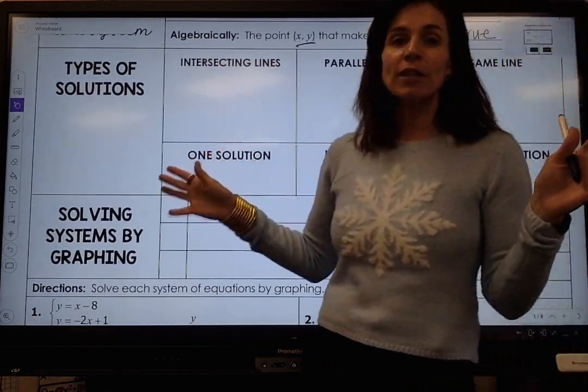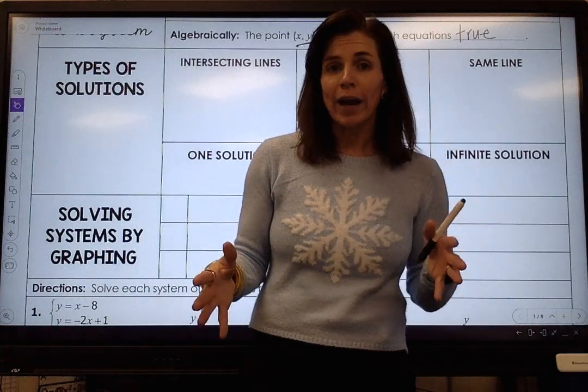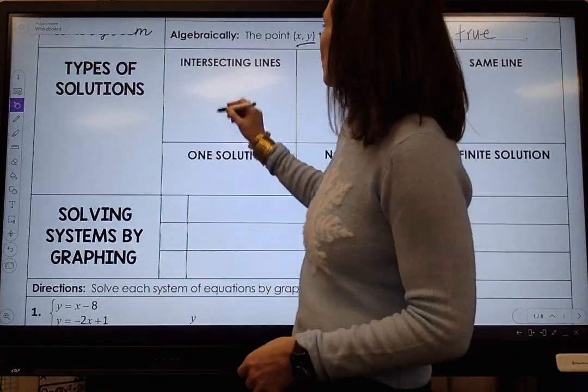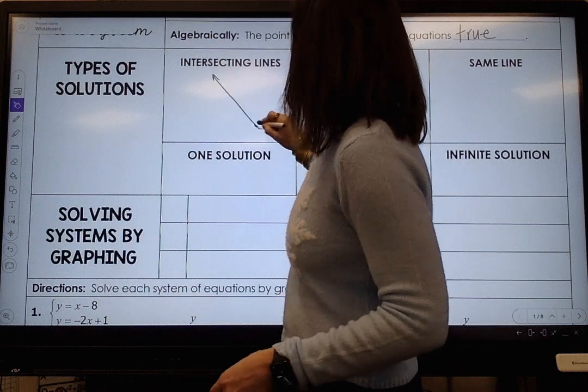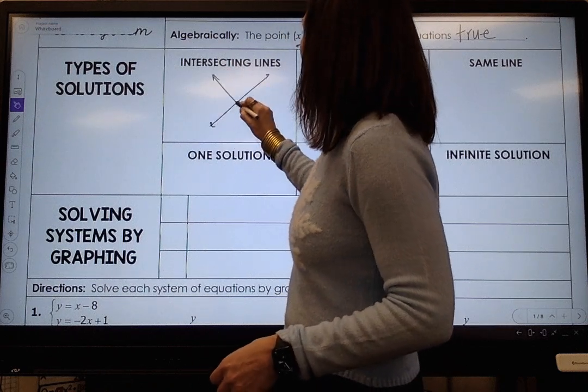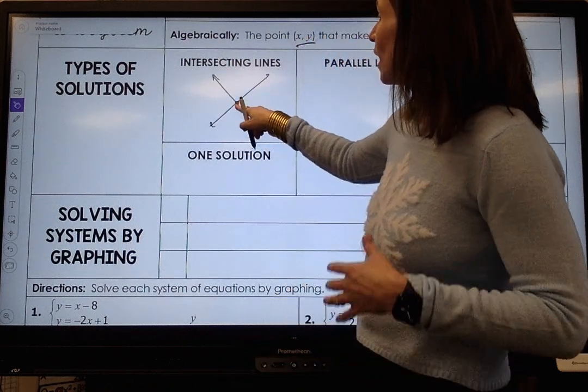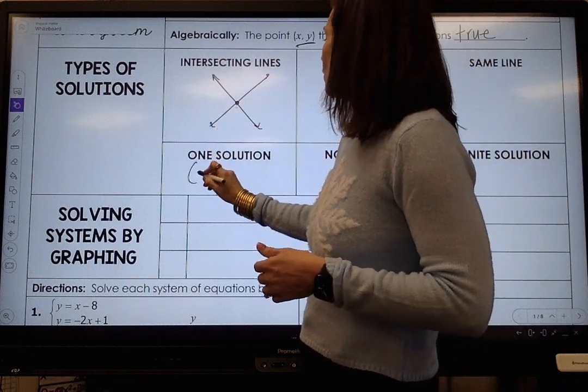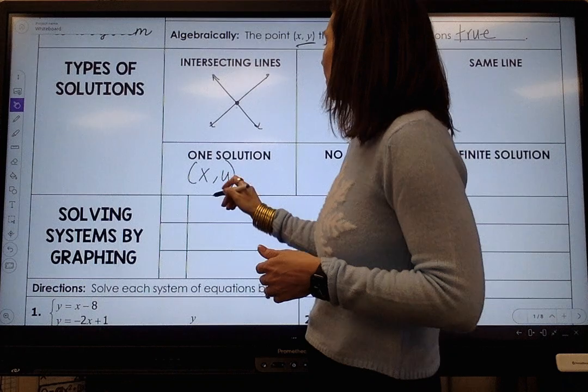There are three different types of solutions. We're going to be looking at a graph, and there are three different things that your lines can do. One, they can intersect. Then you would have one solution, and when you have that one solution, you would name that point, x and y.